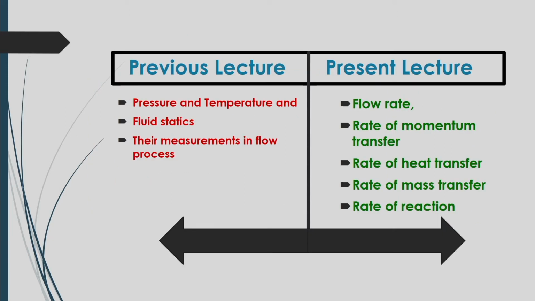Now, in the previous lecture we described the different variables, out of which temperature and pressure were discussed, and we also derived the fluid statics equation, based on which the pressure drop between 2 points can be calculated by a manometer.